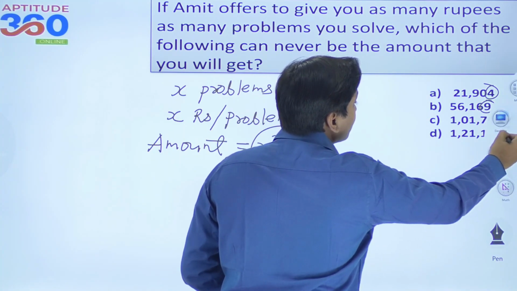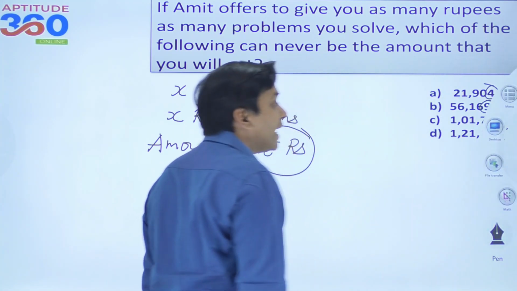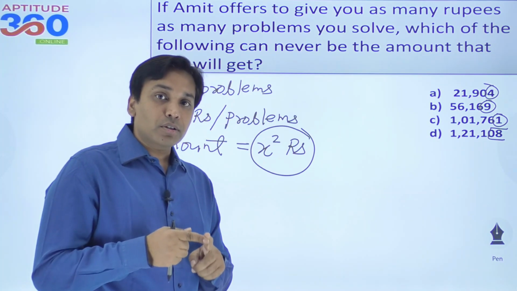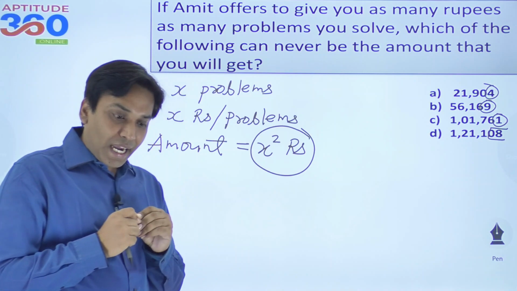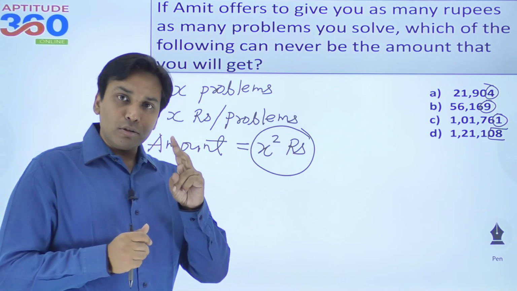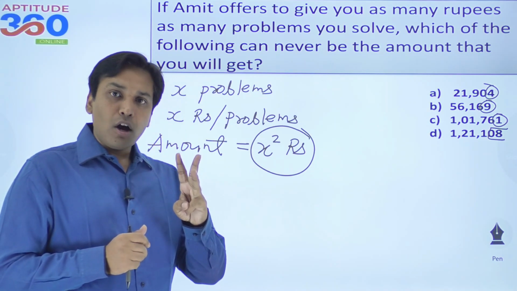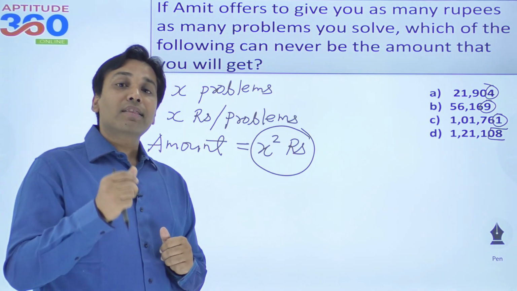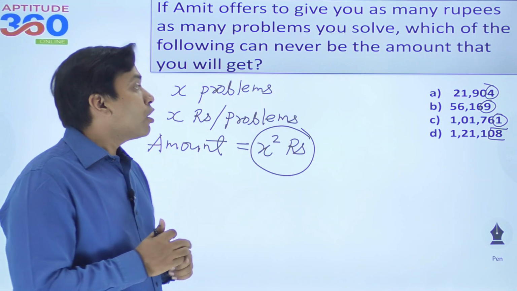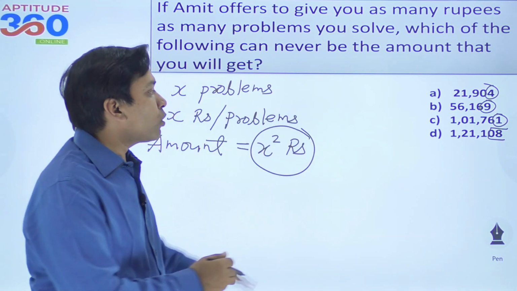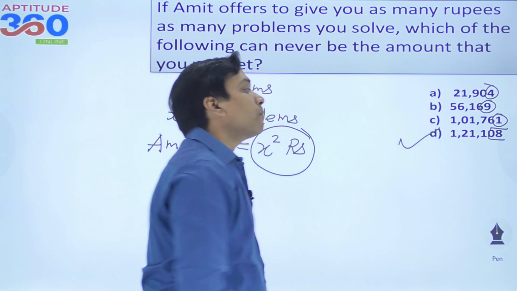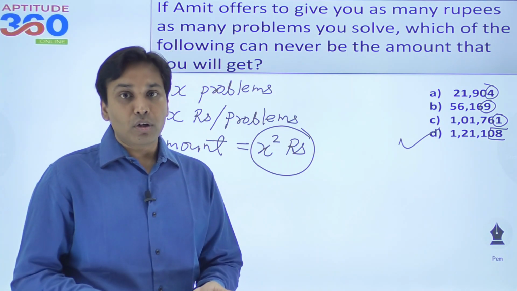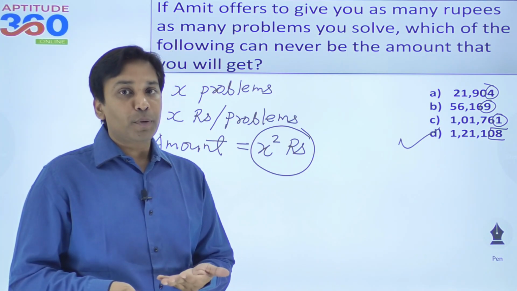But you see this 8. Whenever the last digit of any number is either 2 or 3 or 7 or 8, the number is necessarily not a square number. So without doing any calculation, what we can say is, this can never be the amount that I would be paying you to solve the problems. I hope you understand this.